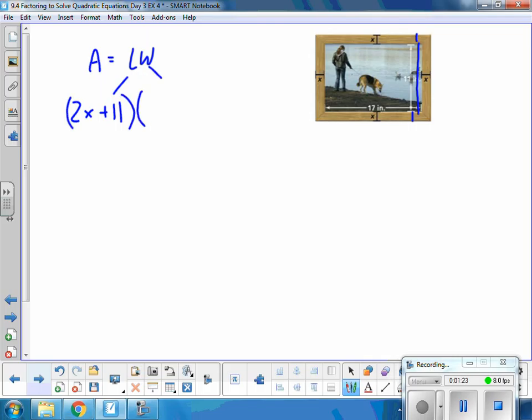The width is going to be made up of 2 x's, again, plus this 17 inches distance. And together, that equals the 315. All right, so here's the equation I'm working with.